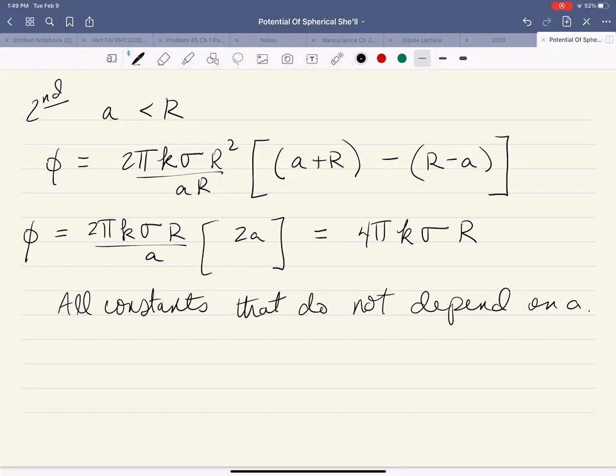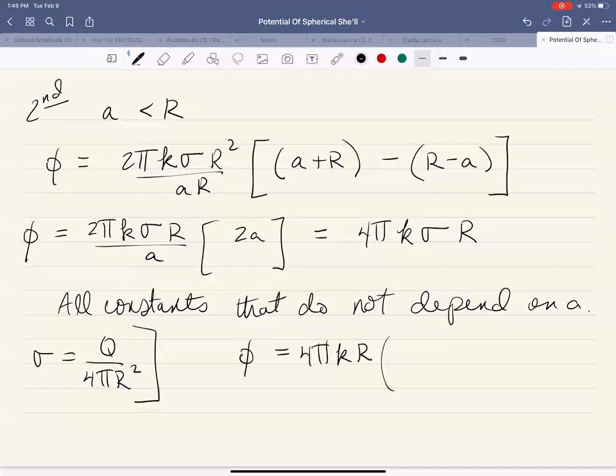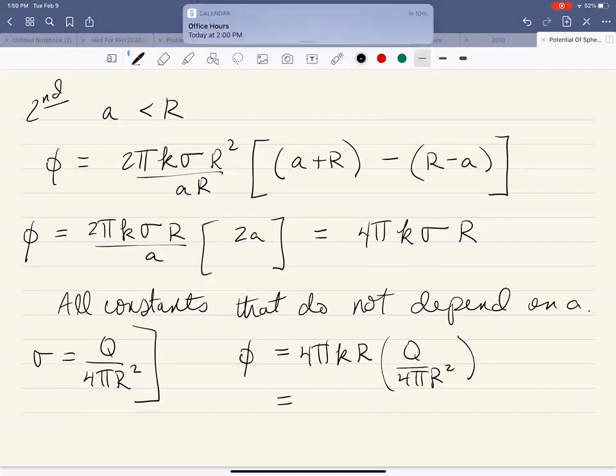So let's plug in here. Remember that sigma is equal to Q over 4 pi R squared. So if we plug that in, then phi is going to be 4 pi K R times sigma, which is Q over 4 pi R squared. Okay, the 4 pi's cancel out, and then you just end up with a potential of KQ over big R. So what does this tell us?